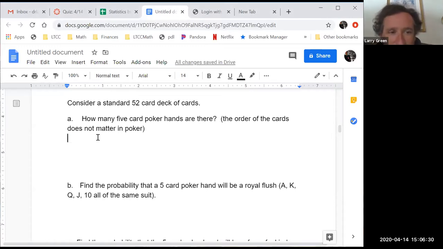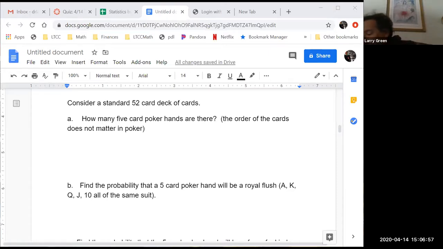So what we're going to do is look to see how many 5-card poker hands there are. So here's the problem. For example, here's a 5-card poker hand. That's a 5-card poker hand.